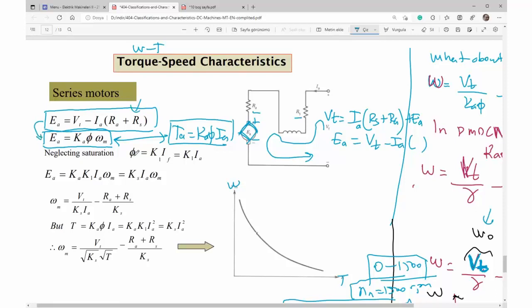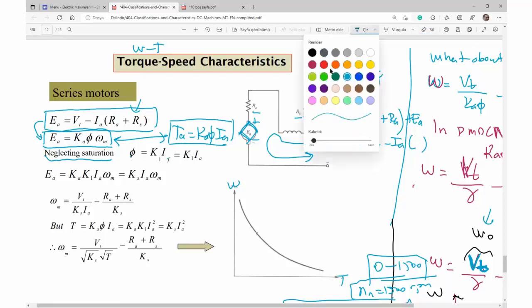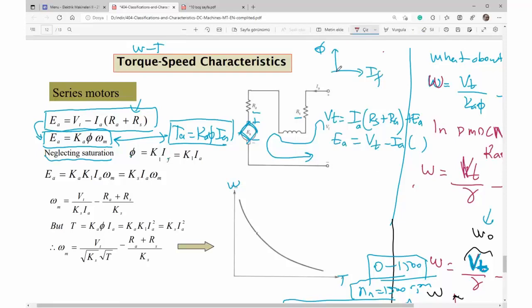You know the current equation, and if you neglect saturation, the flux versus field current relation is something like that. It starts from here, turns back to here. Let's assume that it is a very linear relation. The coefficient is K1. We neglect saturation, and the remanence flux phi r is neglected.